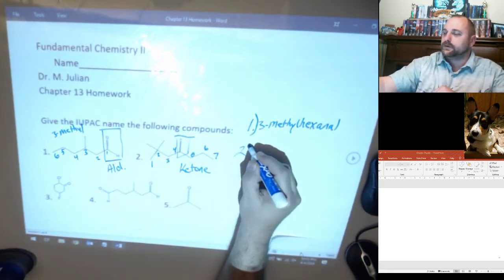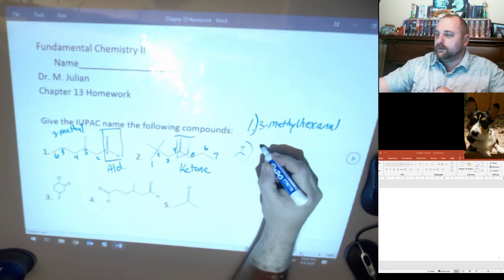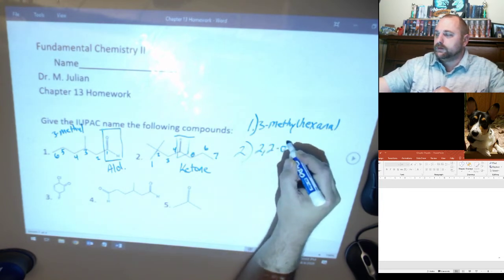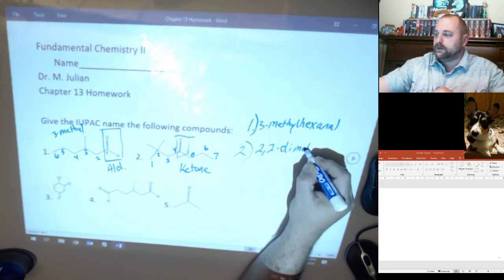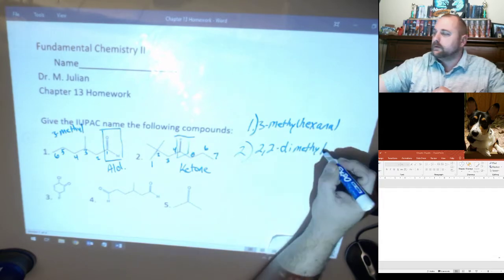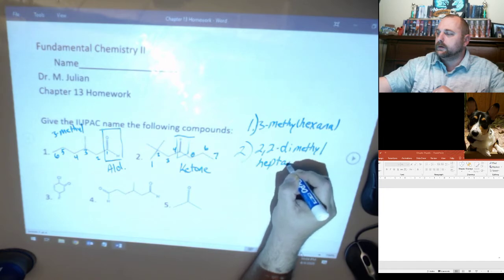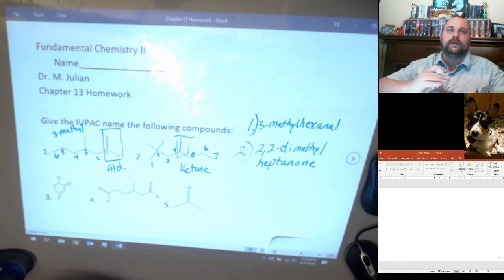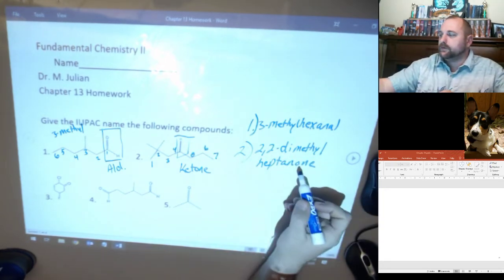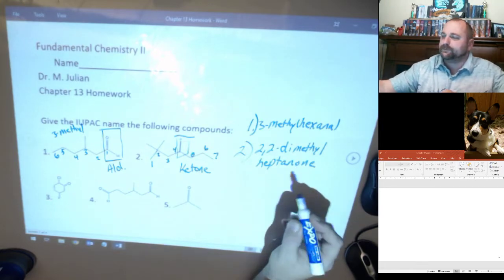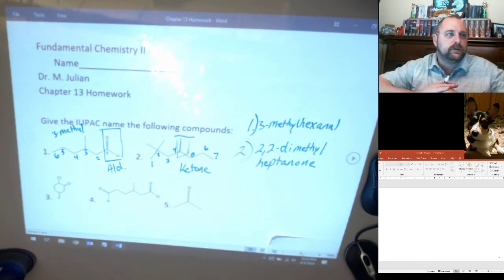So this is number 2, and I have 2,2 dimethyl, out of space, heptanone. So heptane, drop the E, add O-N-E for a ketone. All right, so not too bad.